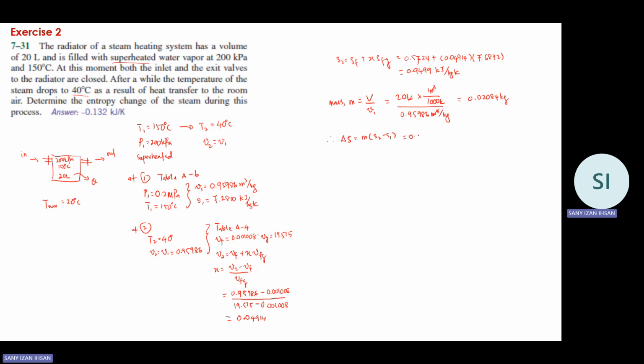We calculated 0.02084 kilogram. And S2 as calculated just above, 0.9499, minus S1 is 7.2810.